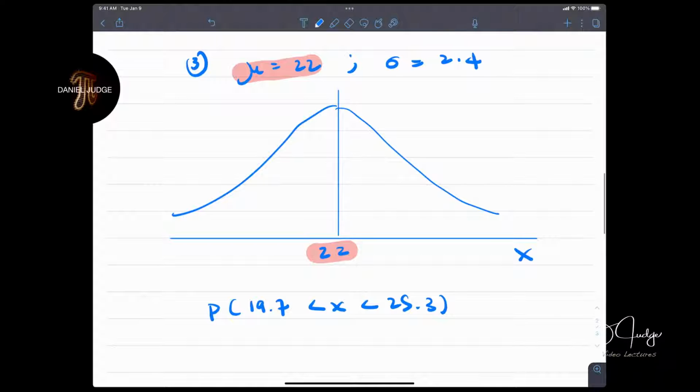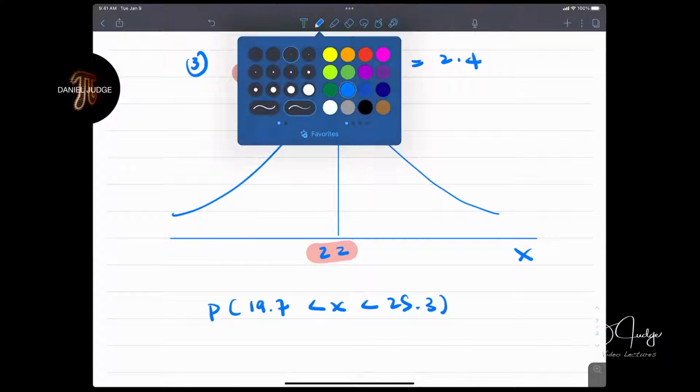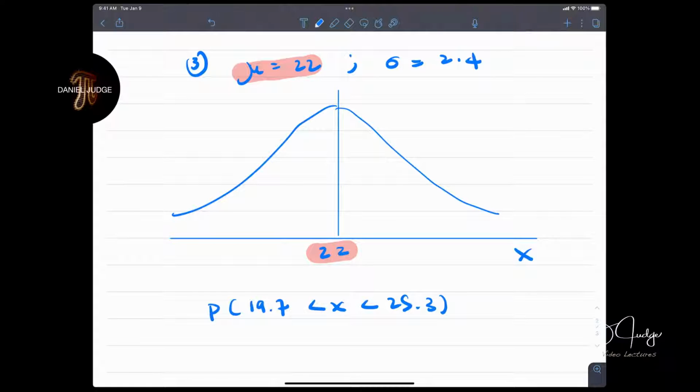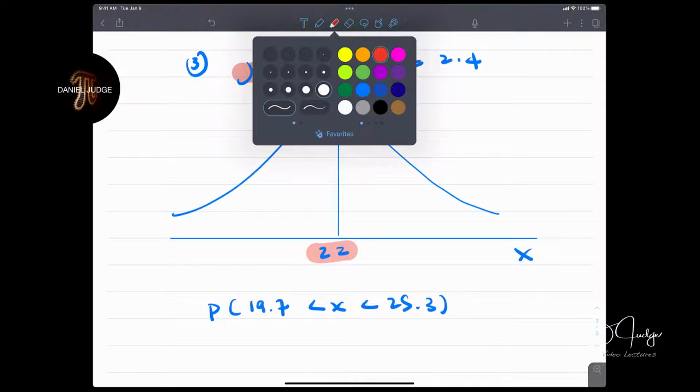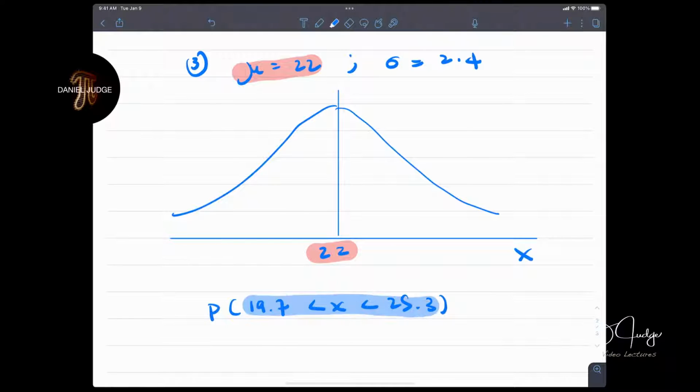So we now have to know, where do these numbers live on our bell? We have to draw a picture of the question. So we need to know what does this question even look like? 19.7 is smaller than 22, and smaller numbers live to the left of larger numbers on the real number line.